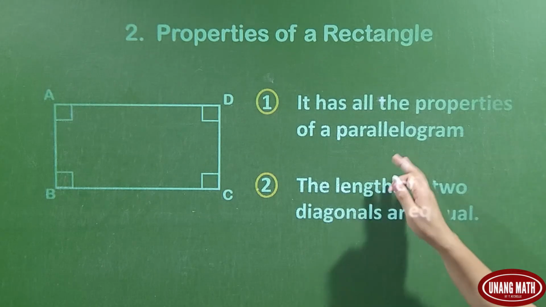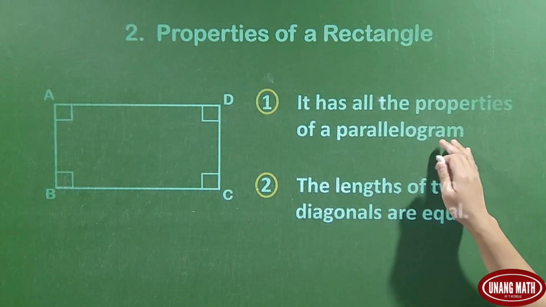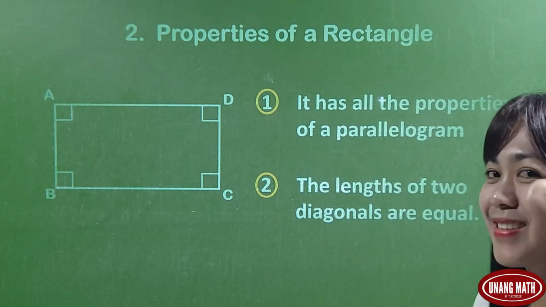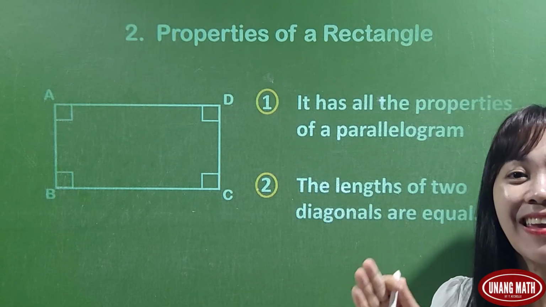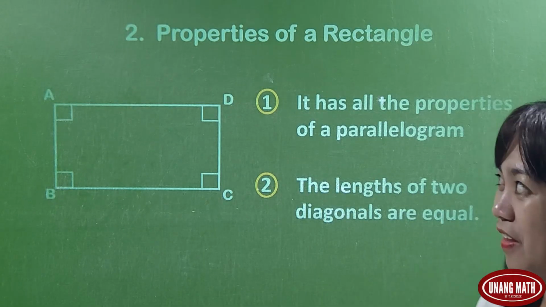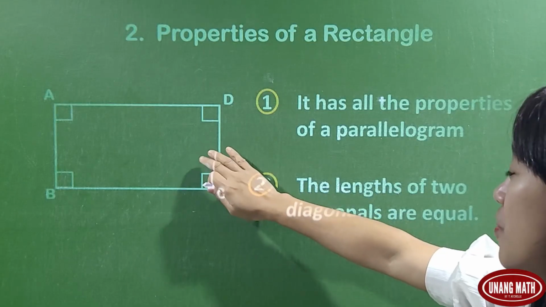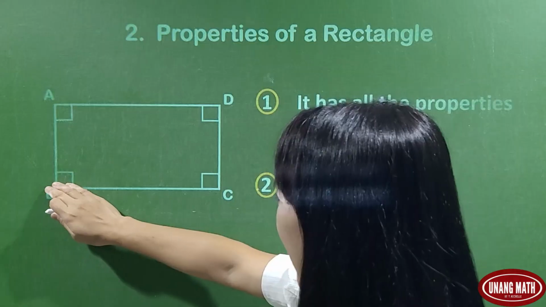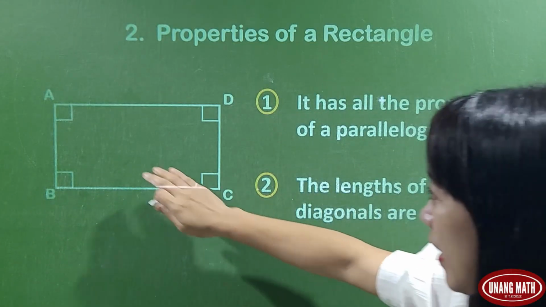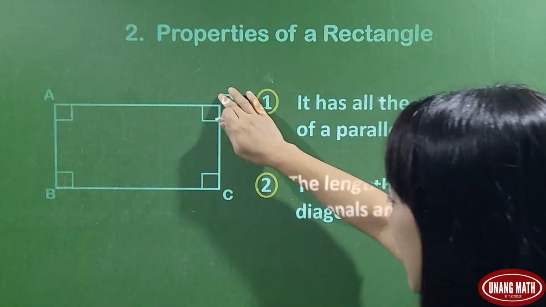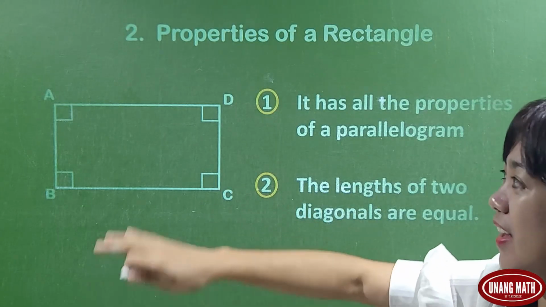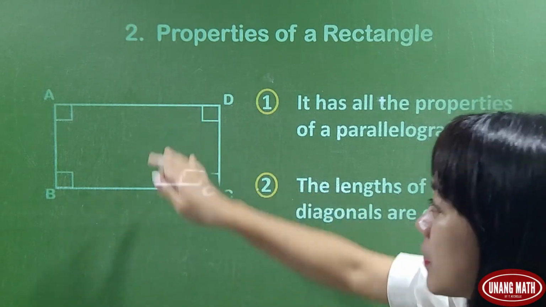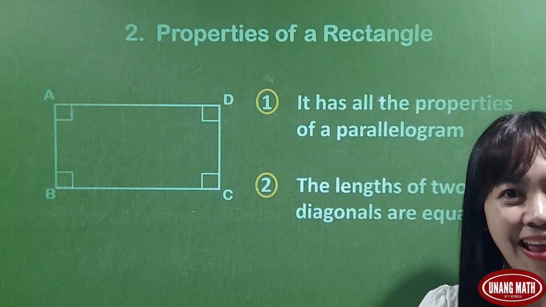If we recall the properties of a parallelogram, opposite sides are equal in length. But in this rectangle, we cannot actually say that this side is equal to this side, or this side is equal to this side. It's not indicated here that the opposite sides are of equal length.